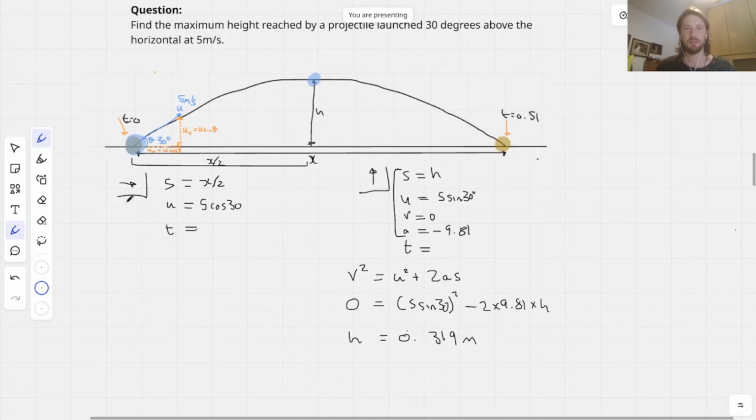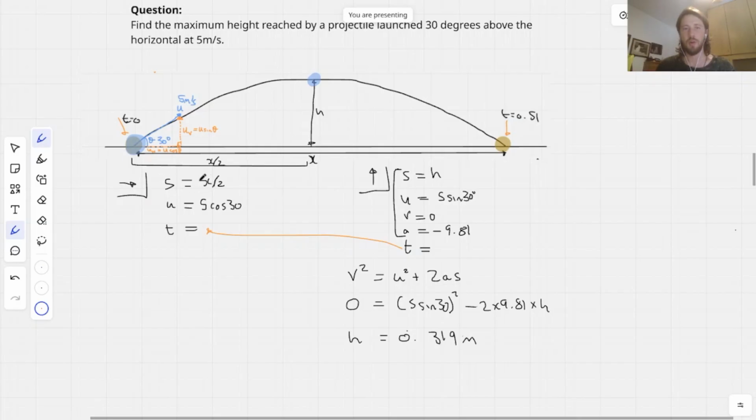So why did I write the horizontal component anyway? And why did I write this x over 2 here? Well, sometimes you might have to use this x over 2. It's a symmetry that we can use. We could have figured out the time, for instance, in this case, and then used the time over there, and we could have found x over 2.